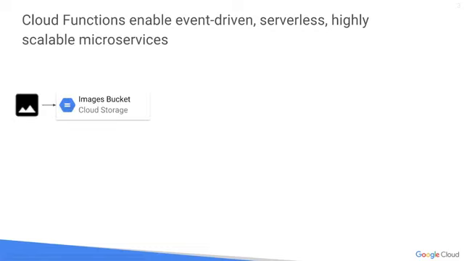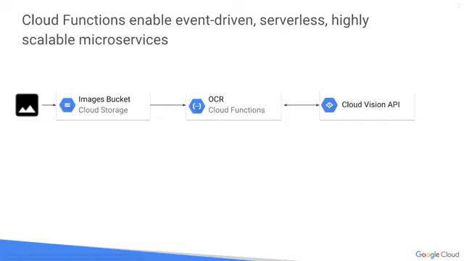Consider an application that allows users to upload images that contain text to a bucket in cloud storage. The OCR Cloud function is triggered when a new image is uploaded to the images bucket. This function uses the Google Cloud Vision API to extract text from images and then queues up the text in Cloud PubSub for translation.